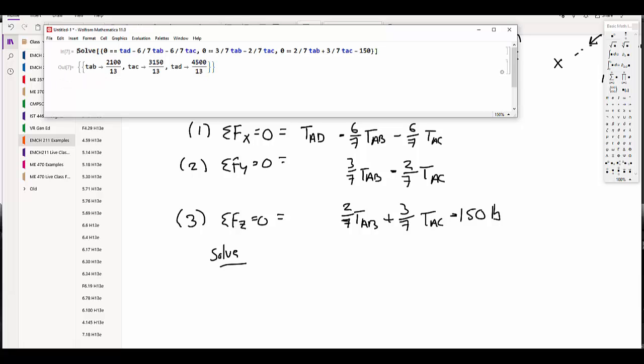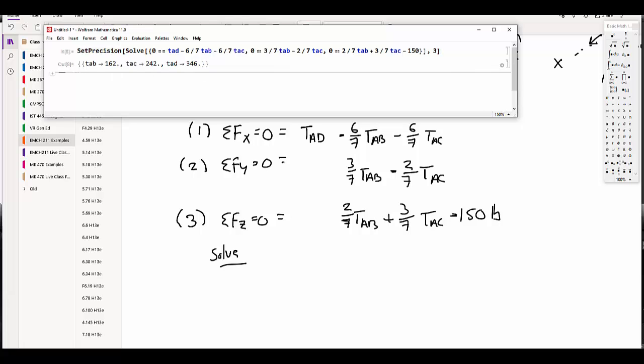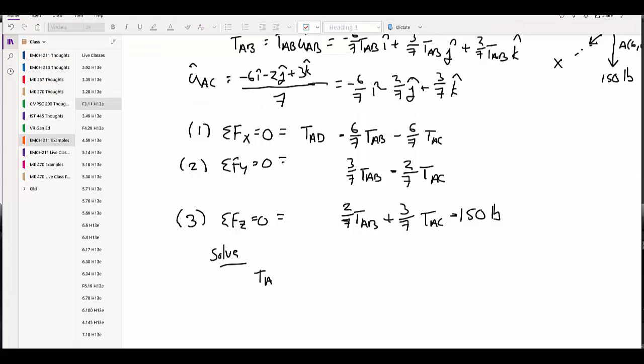Okay, so it's giving to me as fractions. Probably I don't really want in this case my answer in fractions. So I want it as 3 digits of precision for my answer. All right, so it tells me that TAB is 162 pounds. And it's positive, so that's tension, which it needs to be.